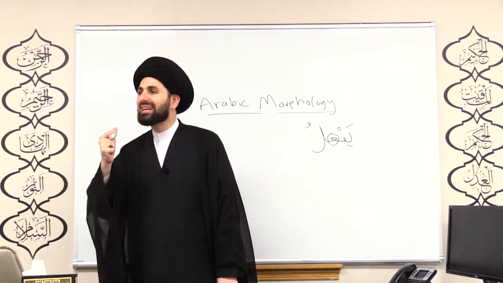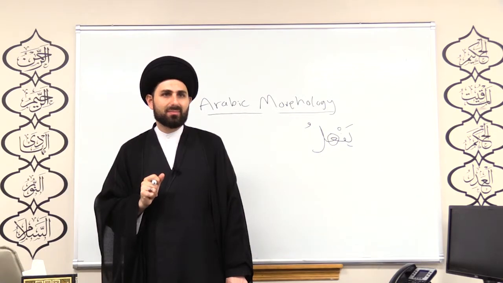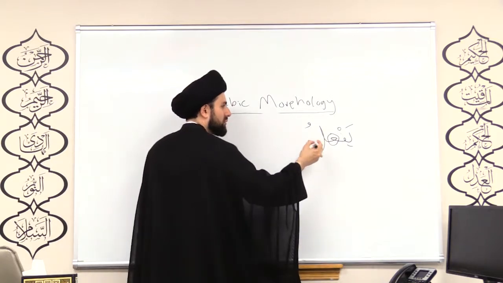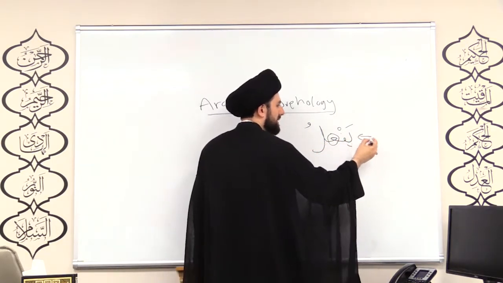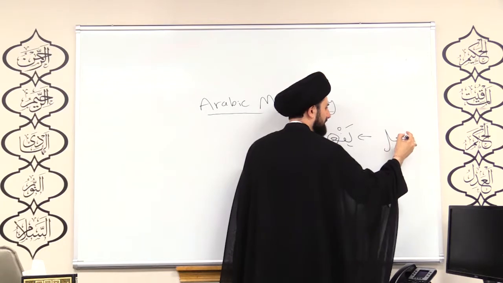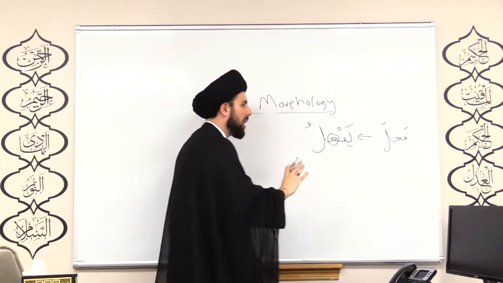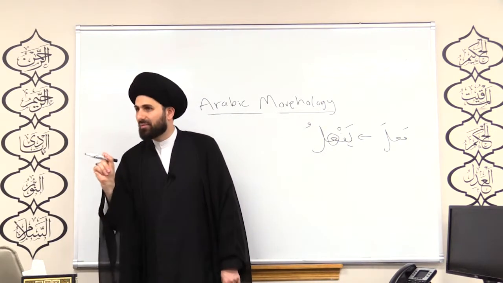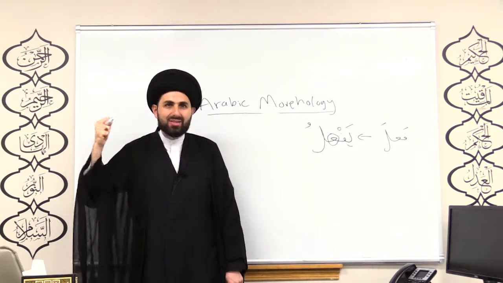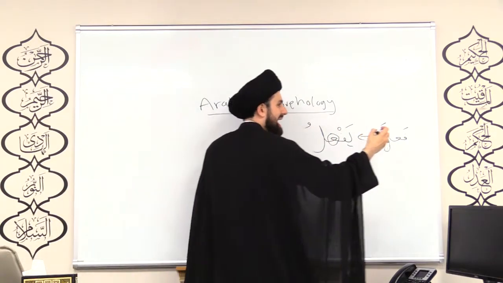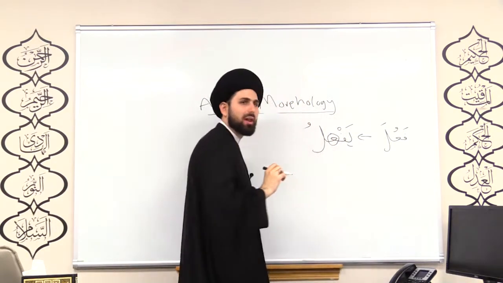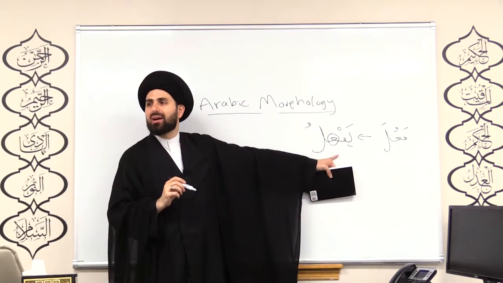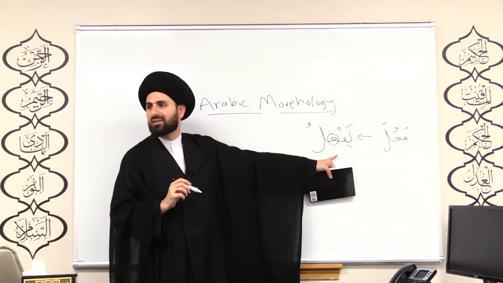Look at fi'l al-mudari'. I'm sorry, look at fi'l al-madi. So, yaf'alu, what's the madi of yaf'alu? Fa'ala, right? See, fa'ala always, the first and the last is a fatha. The middle one changes. If your madi, your past tense verb, has a dhamma on the middle one, fa'ula, your mudari' must always have what on the ayn, on the third letter?